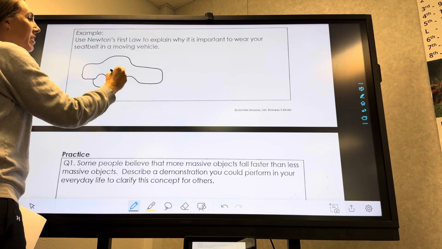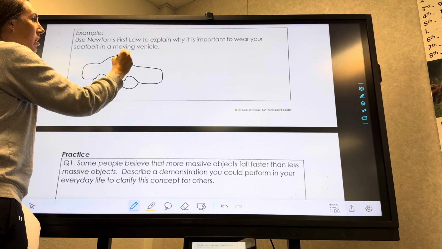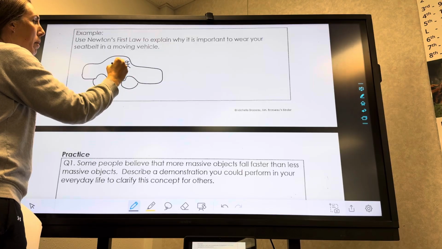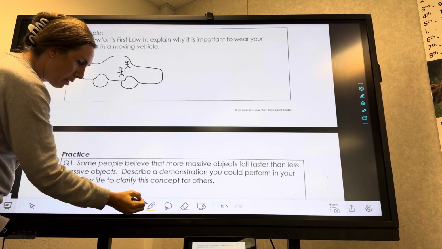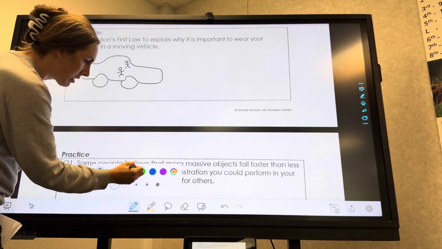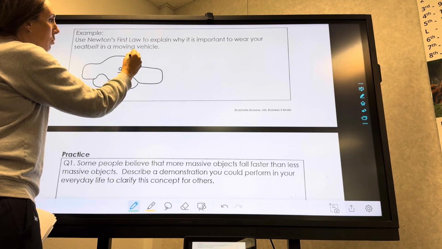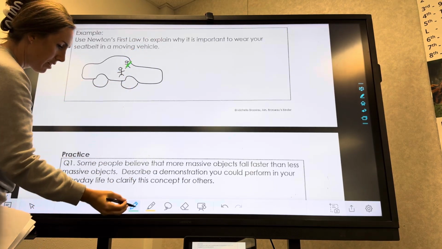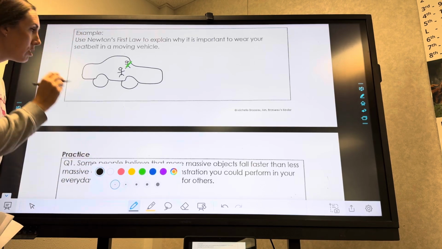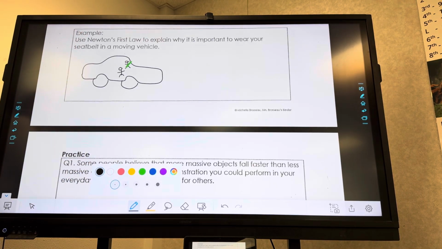You don't. Okay, and I'm gonna draw a driver and a passenger. And I'm going to, in my green, because it's very good, having my driver wear their seatbelts.